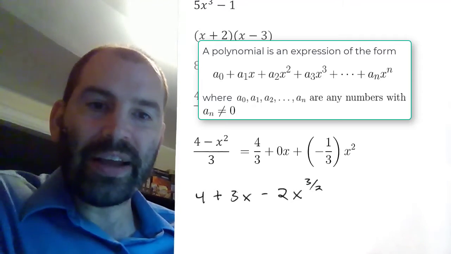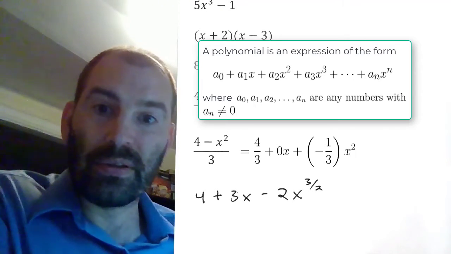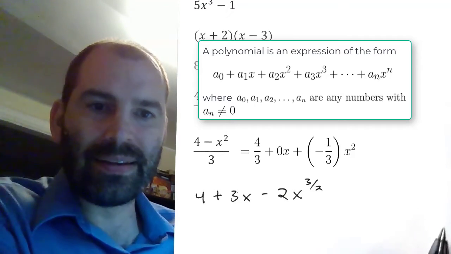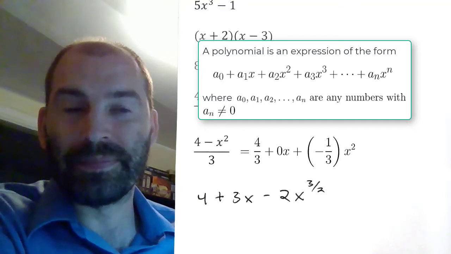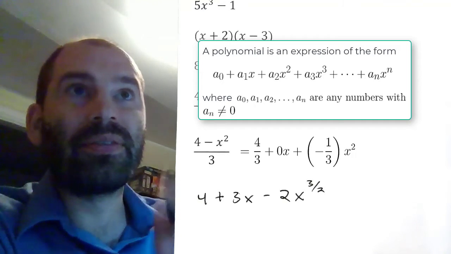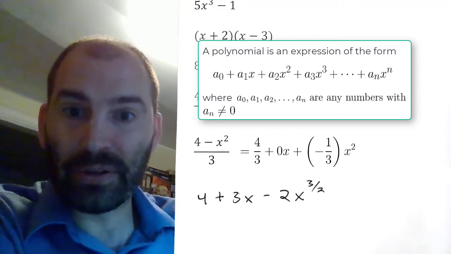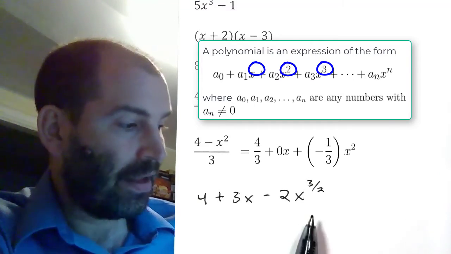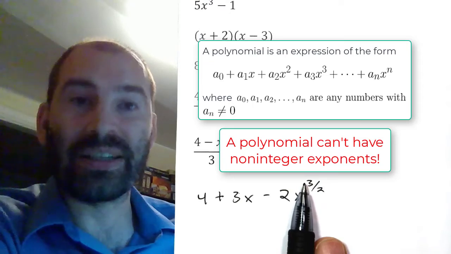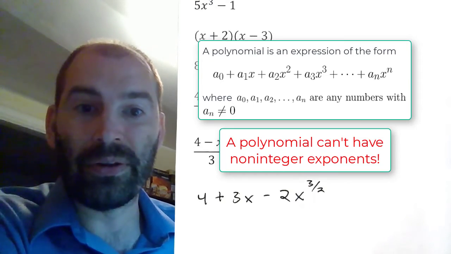Well, it really looks like it's in the form that the definition needs, except that this exponent is not an integer. And the way that this thing is defined, we see we're counting 1, 2, 3, 4, etc. for the exponents. They all have to be integers. Since this is a non-integer exponent, this is not a polynomial.